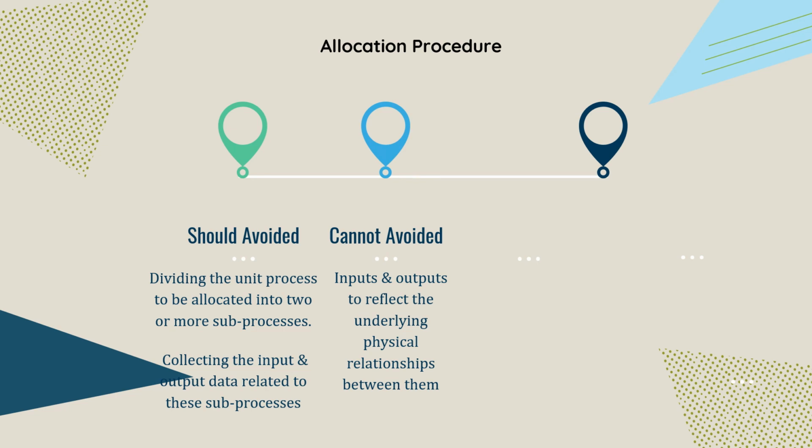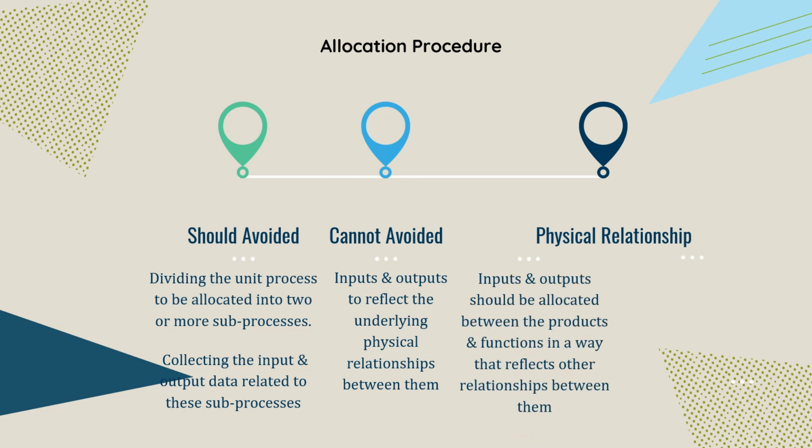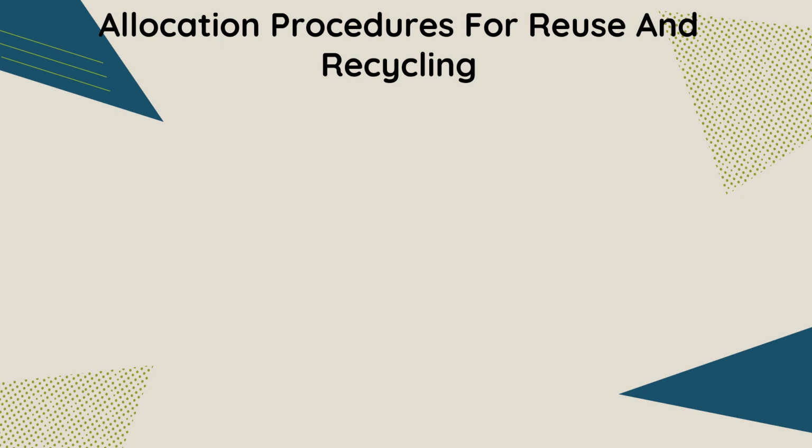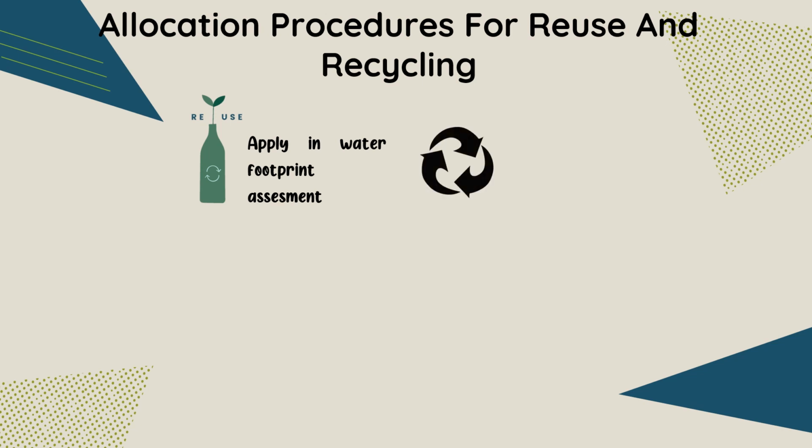And lastly, physical relationship. Input and output should be allocated between the product and function in a way that reflects other relationships between them.